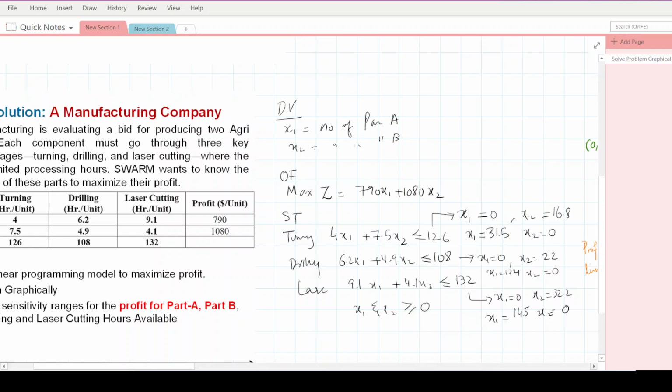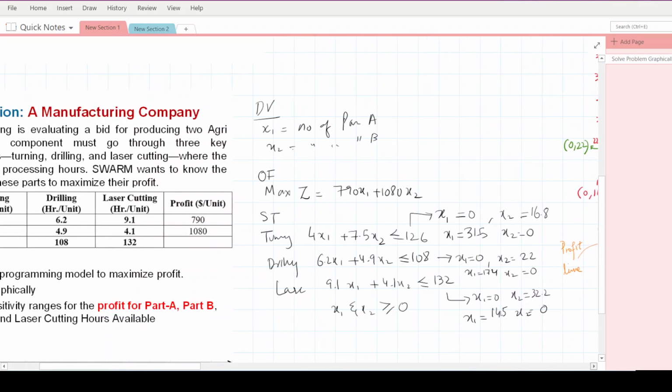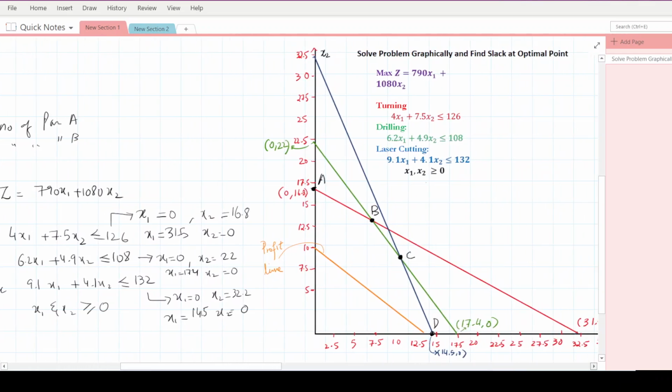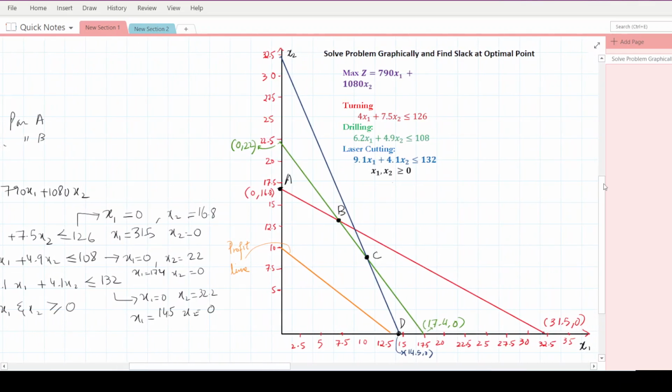Now I have already drawn this graph because, as I mentioned earlier, I will not spend too much time on this. As you can see, this is the graph, and using these points for turning, I have plotted the turning constraint.